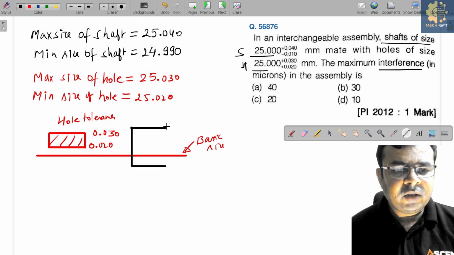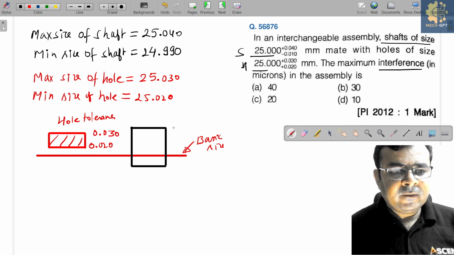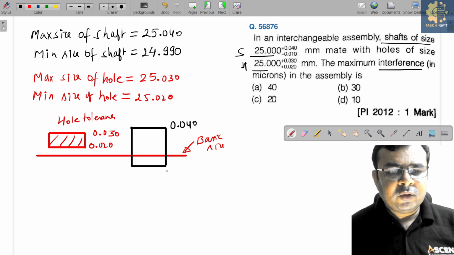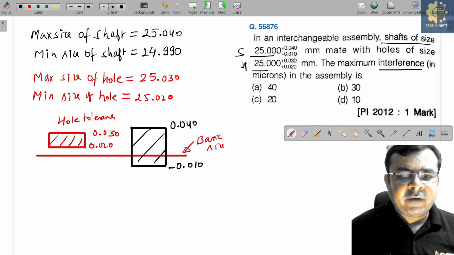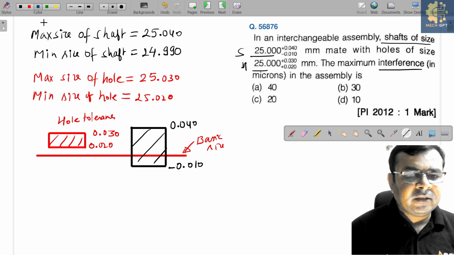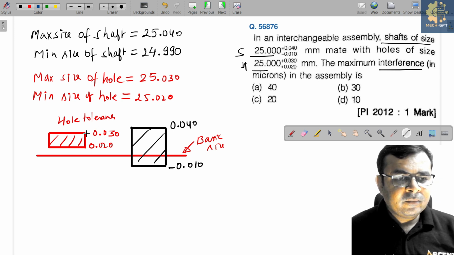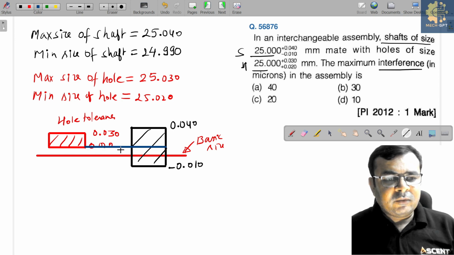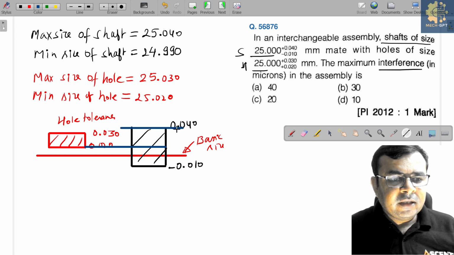Here we have 0.040 and here we have minus 0.010. So actually we need to calculate the maximum interference. So how much is the maximum interference? It is the difference between the minimum size of the hole and the maximum size of the shaft. This difference is called the maximum interference.